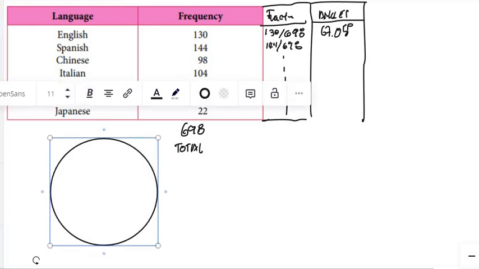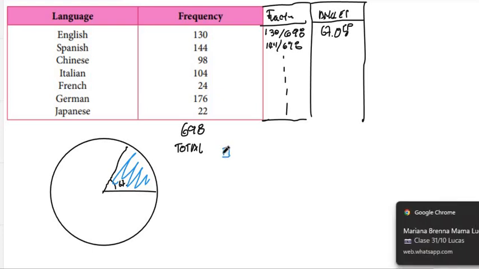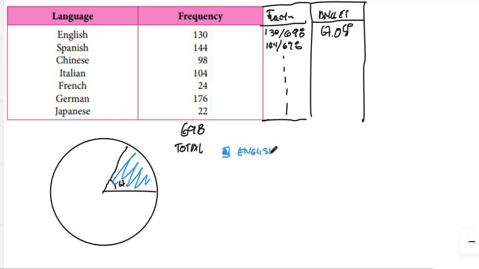Now I can draw a horizontal line here, and with a protractor I can measure, for example, 67 degrees. So this will be this sector. I can paint it in one color, and I make the key. This color means English.